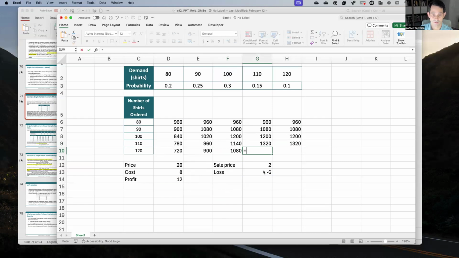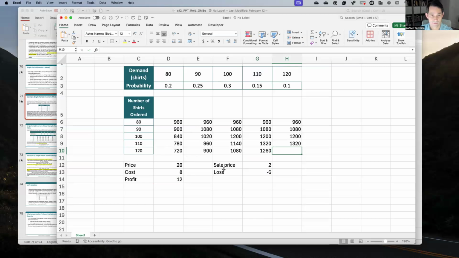Let me do it here one more time. So he orders 120, the demand is 110, he sells all of them, plus the loss of 10 units, that's the difference between these two, times the loss.